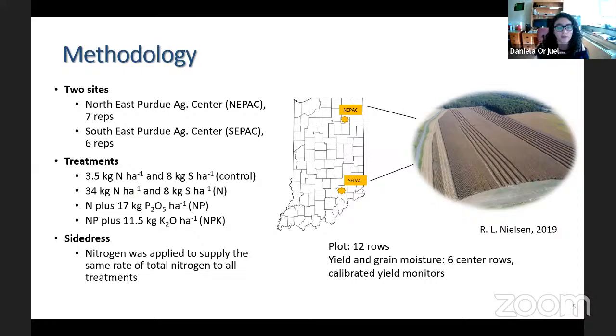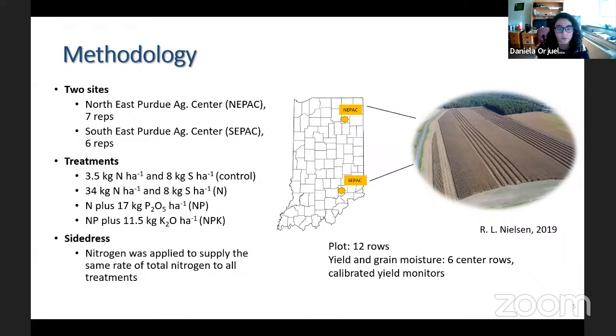So our first starter treatment was only nitrogen. So we add about 34 kilograms per hectare of nitrogen. Our second starter treatment was the addition of phosphorus. So we have nitrogen plus 17 kilograms of P2O5 per hectare. And our last starter treatment was the NP plus potassium.